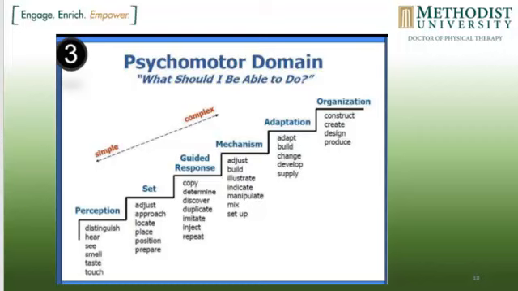And again, you can use some of these verbs. So if you want somebody to just have the perception, can they distinguish between one or another? But if you move up the taxonomy to guided response, can they duplicate or imitate to where they get all the way to organization? Can they design a new psychomotor task?